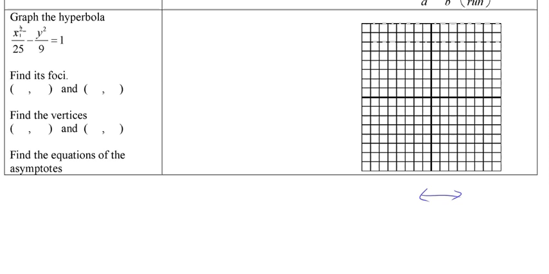Now both of our numerators are just the y squared and x squared terms, meaning the value being subtracted from each of them is 0.